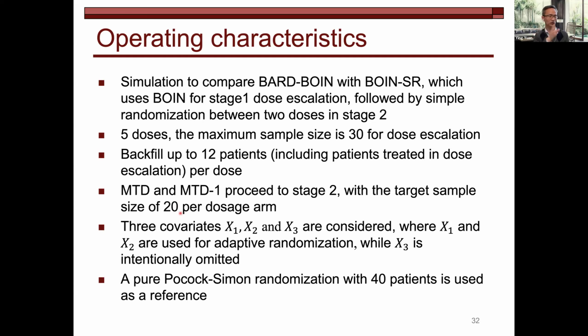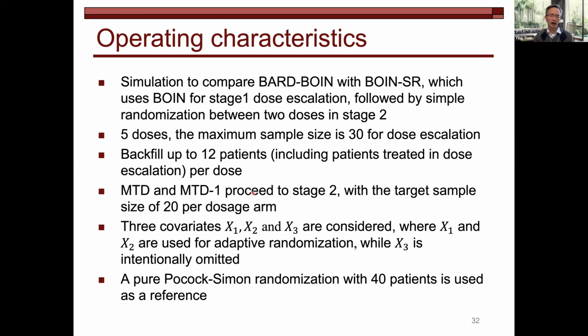For the first design, we can recycle the stage 1 patient counts towards stage 2. So in stage 2, we don't have to enroll an additional 20 patients per arm, which translates into sample size saving. But for the single randomization design, we discard all the dose escalation data, and for the MTD and MTD-1, we enroll an additional 20 new patients per dose arm.